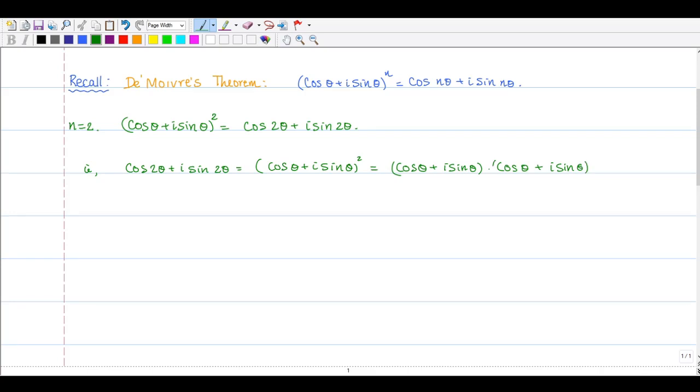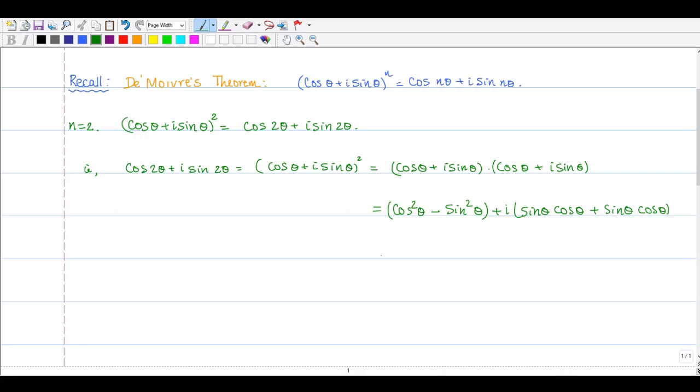This is the usual complex multiplication. So we will have cos square theta minus sin square theta, plus i into (cos theta sin theta plus sin theta cos theta). Okay? It is just complex multiplication.